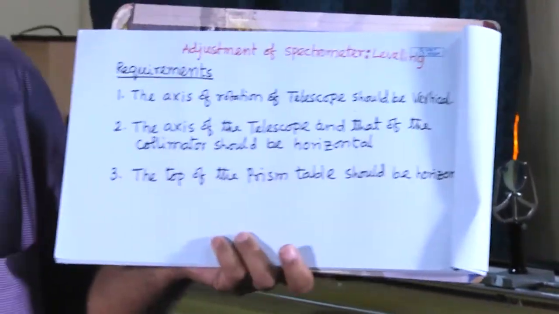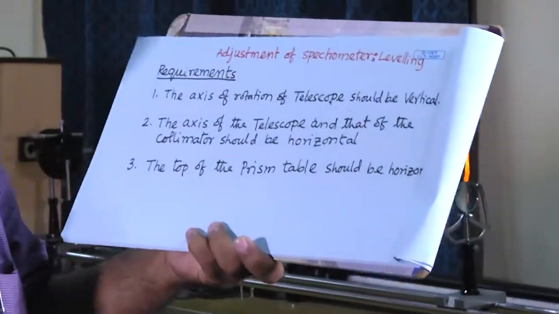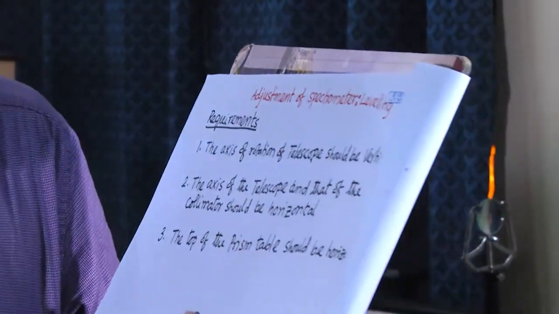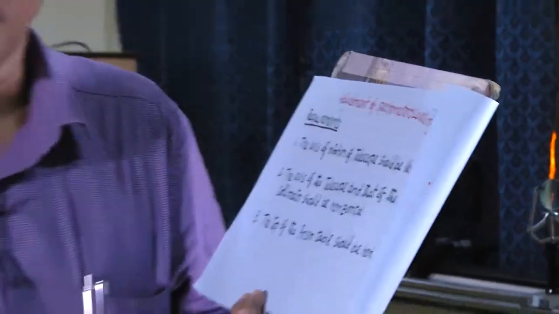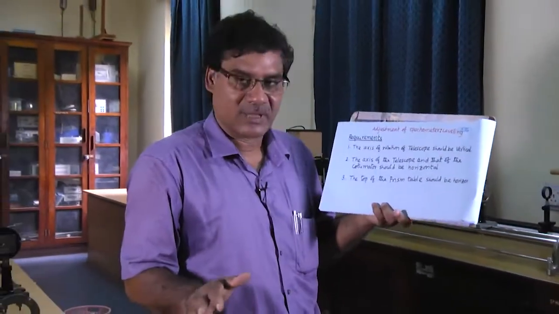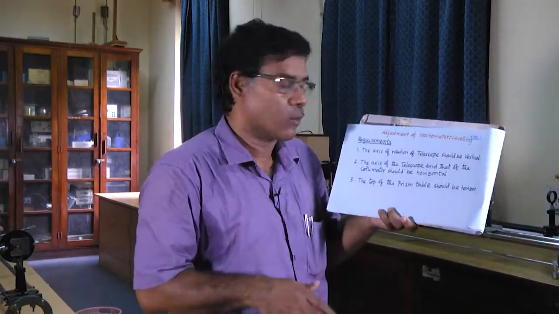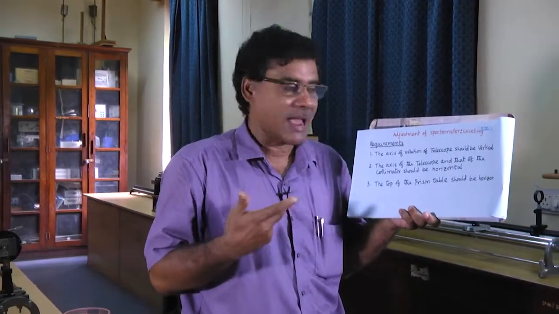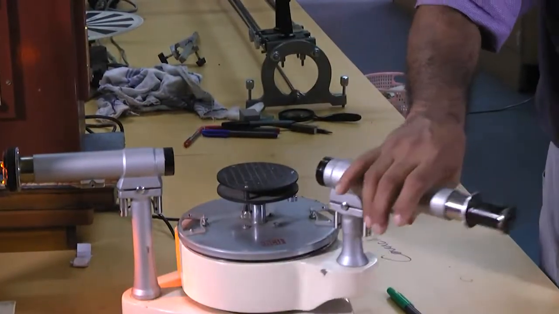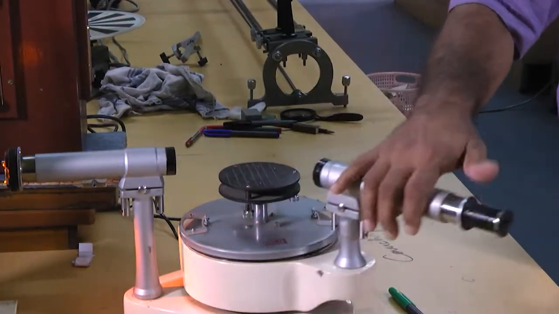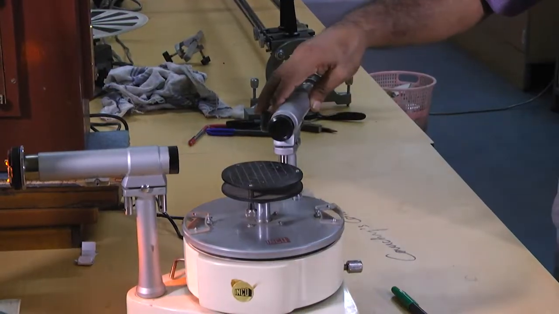before doing the experiment, we have to level the spectrometer. I have already told you the purpose of leveling, because here you can see the rotation of the telescope for measuring the angle.